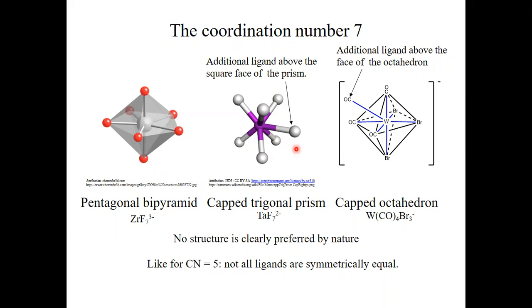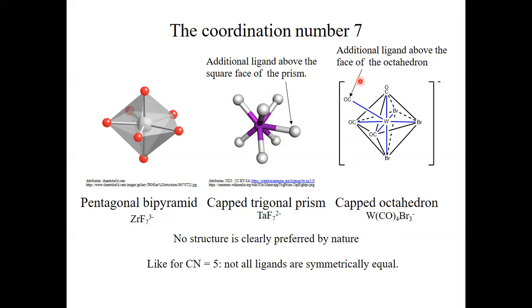Yeah, correct. So there's simply more space, right? Because the square is somewhat larger than these triangular faces here, and therefore the 7th ligand has less steric hindrance with these 4 ligands rather than with the 3 ligands that are part of the triangle.